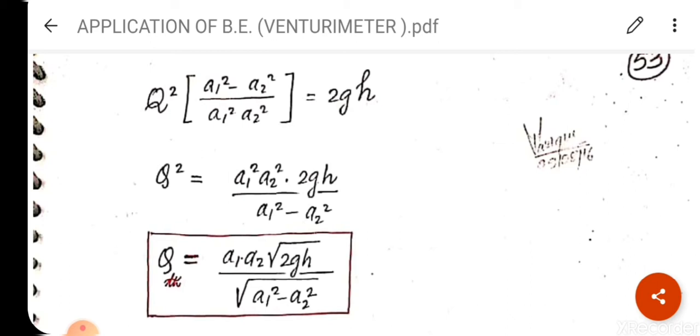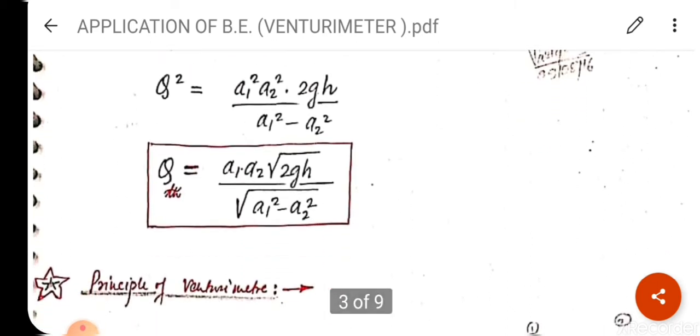So this will give you the theoretical discharge. Q theoretical is nothing but A1 into A2 under root 2GH upon under root A1 square minus A2 square.